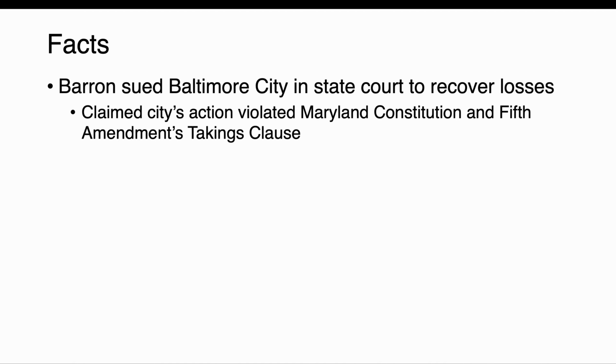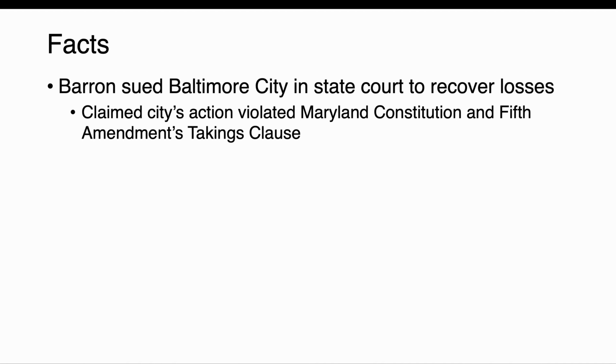Okay, so Barron sues, right? Because his claim is that because the government's action undermined the value of his property, the government owes him compensation. And he sues the city of Baltimore because they're the ones responsible for diverting the streams. He sued in state court.